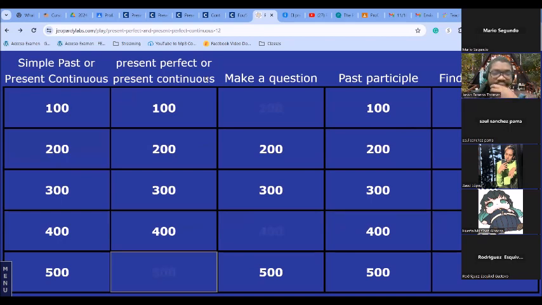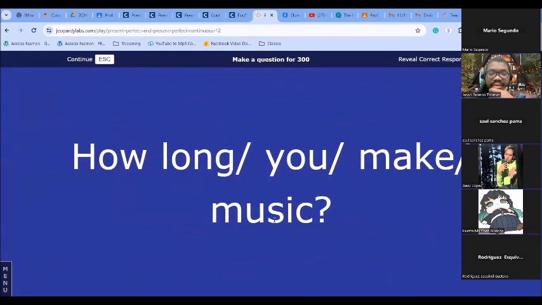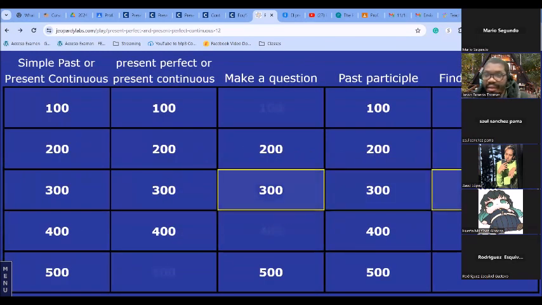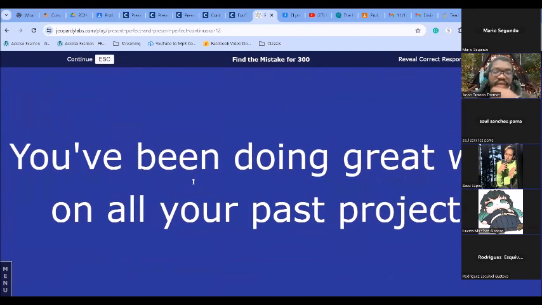Find the mistake 300. Find the mistake for 300. Oh, no, sorry. Find the mistake. What's wrong? The verb do. Right.